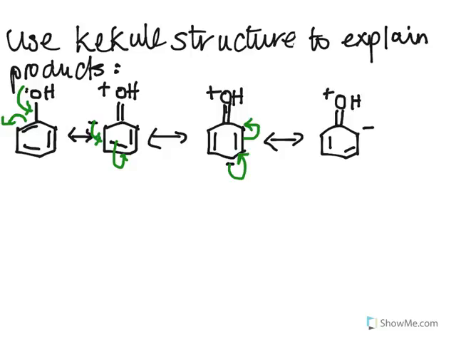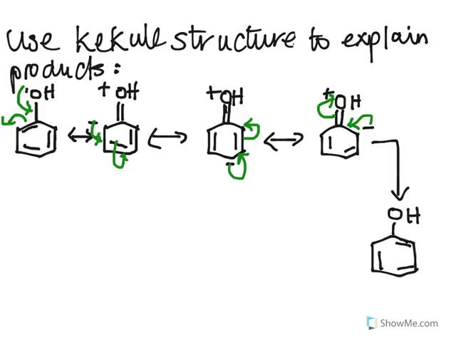And the last step in the movement, these electrons moving back into the ring, and this bond's breaking to give oxygen back its lone pair of electrons. So we have at the end phenol with the other canonical form compared with the one that we started with.